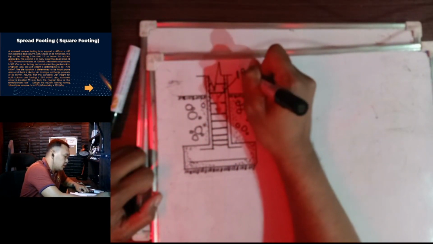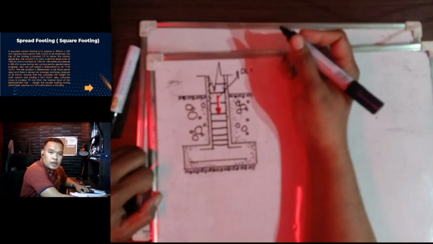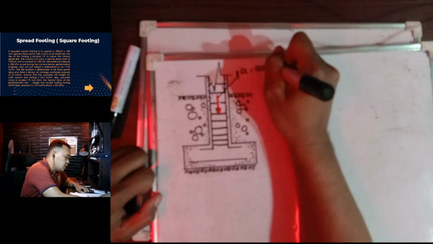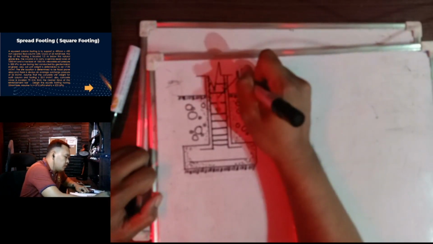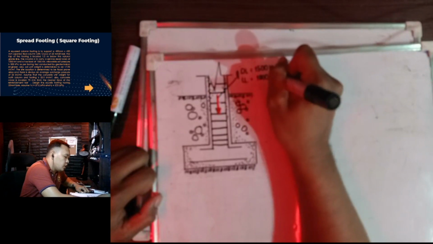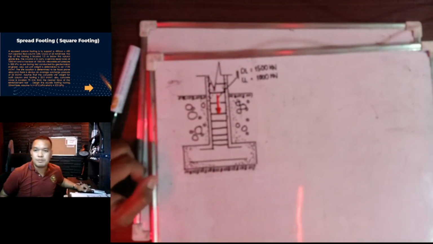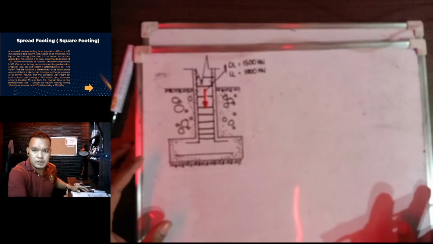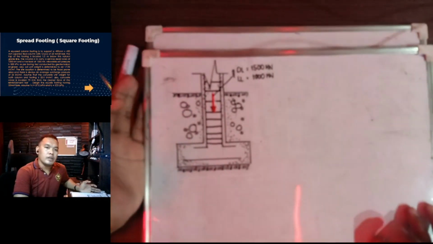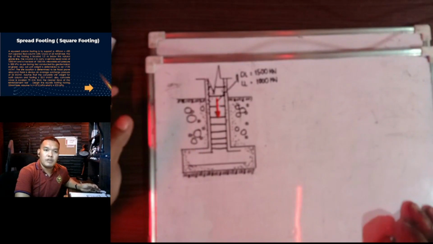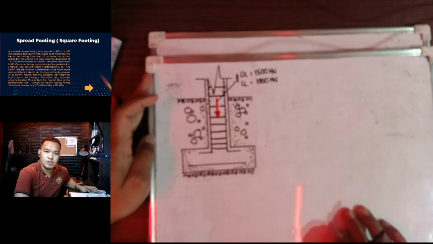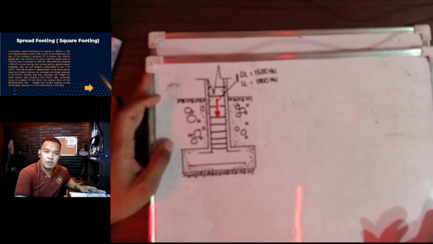I have a dead load, which is equivalent to 1,500 kN. Then I have a live load, which is equivalent to 1,000 kN. It may be a bit blurry in the video, but I do hope you can see it. Also given is the depth of the location of our foundation, which is 1.5 meters below the natural grade line.